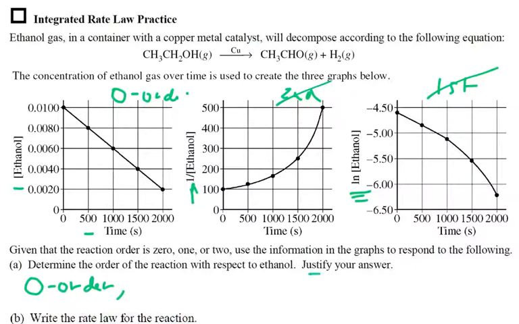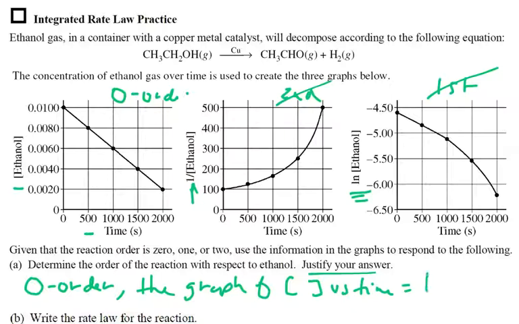Okay, we justify what's our thinking because the graph of concentration versus time is a straight line. I'm going to say it's linear. Well, straight line. Now, that is just what my thinking is.